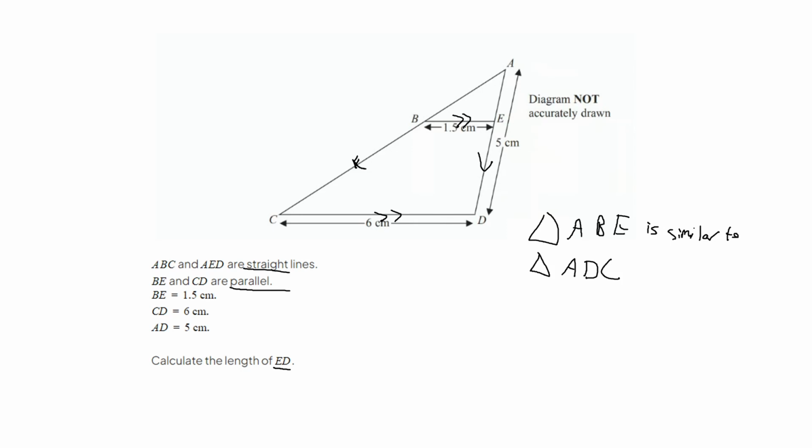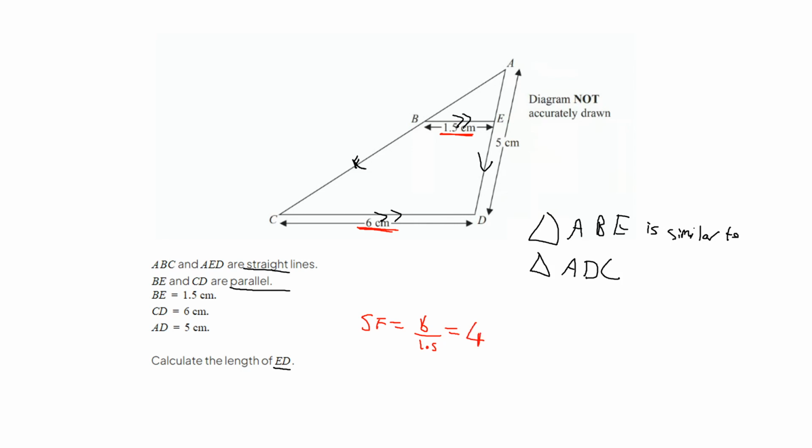The question is by how much? Well, we have a 6 here, and we have a 1.5 here. So the scale factor is just going to be 6 divided by 1.5, which is equal to 4.